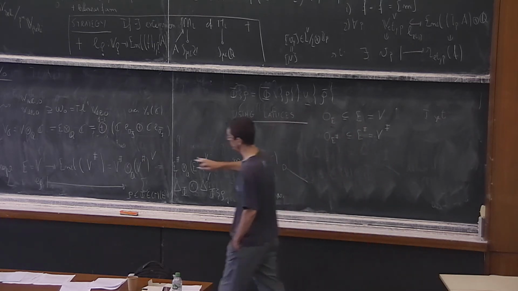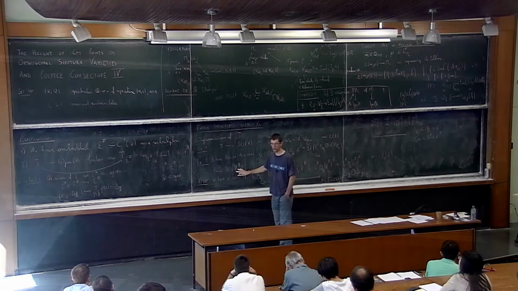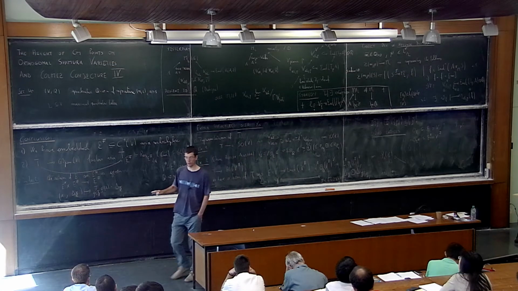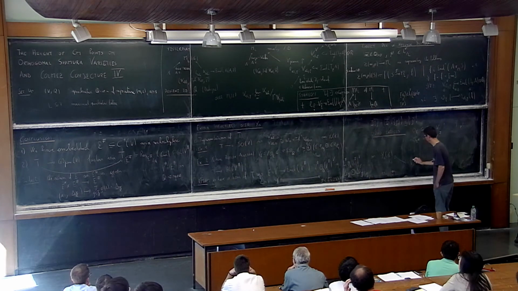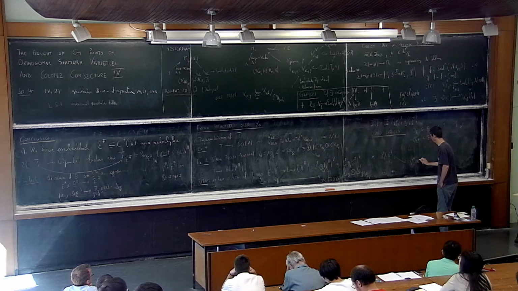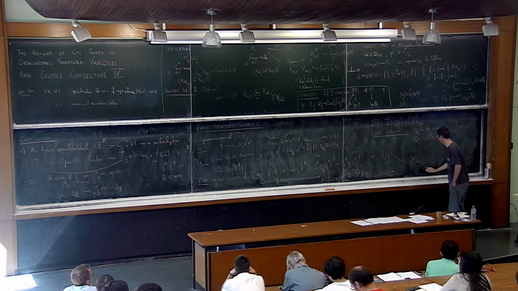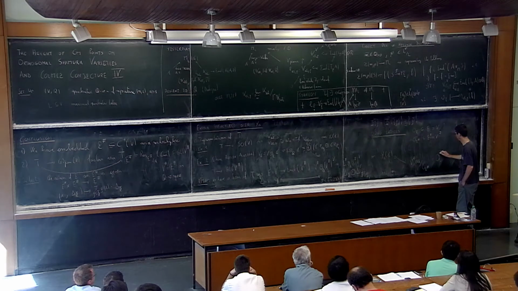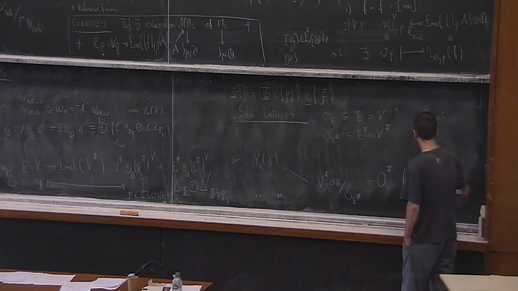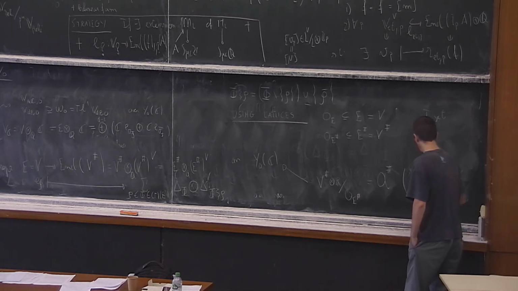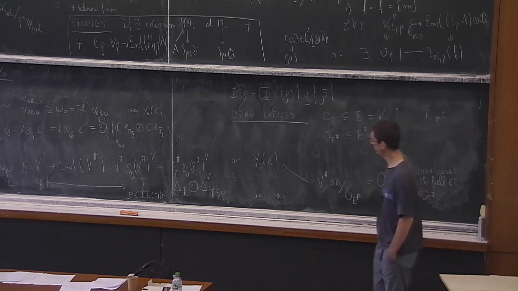So one can prove that this V sharp is a variation of Hodge structure of type (-1,0), (0,-1), which is an abelian scheme, abelian variety with full CM by O_E sharp.